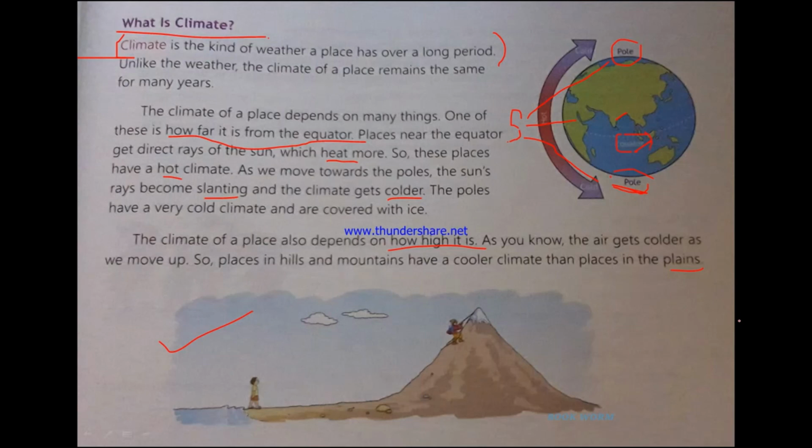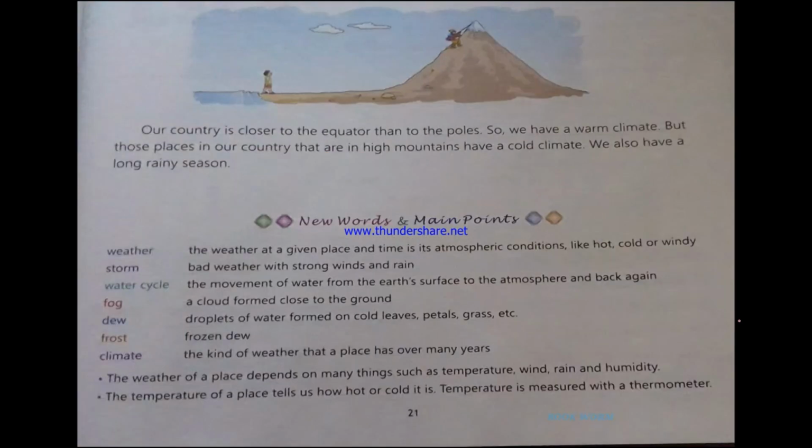So this is what climate is. Next, our country is closer to the equator than to the poles, so we have a warm climate. But those places in our country that are in high mountains have a cold climate. We also have a long rainy season. So there are various kinds of seasons in our country, and our climatic conditions are also different.